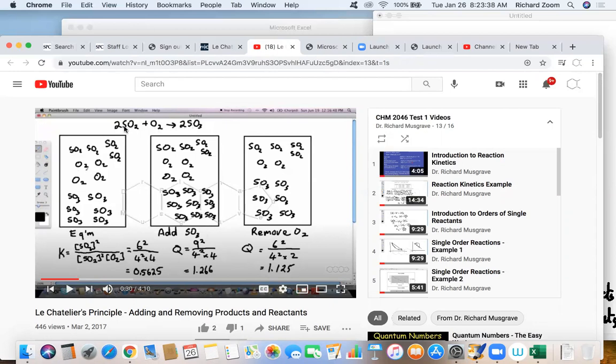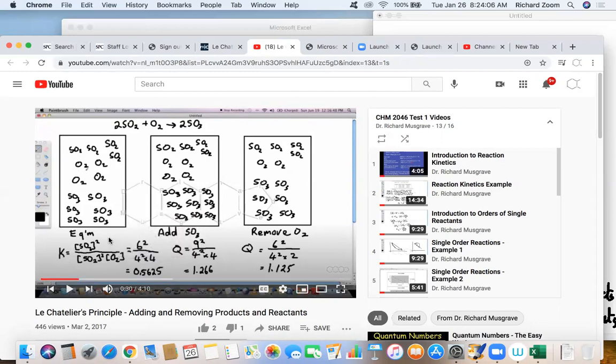All I'm doing is plugging in the numbers that I see here. That's where the 6 comes into play. There's 6 SO3s, 4 O2s, and 4 SO2s. If we do that math, we come up with 0.5625 as the K value here.